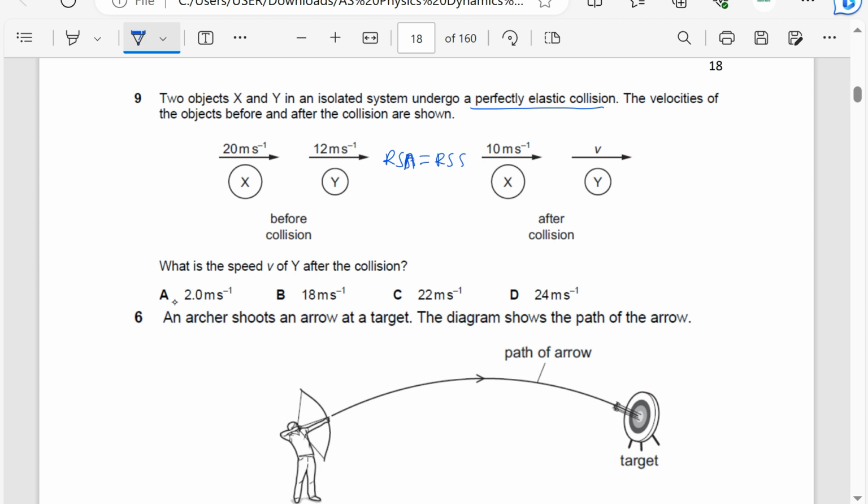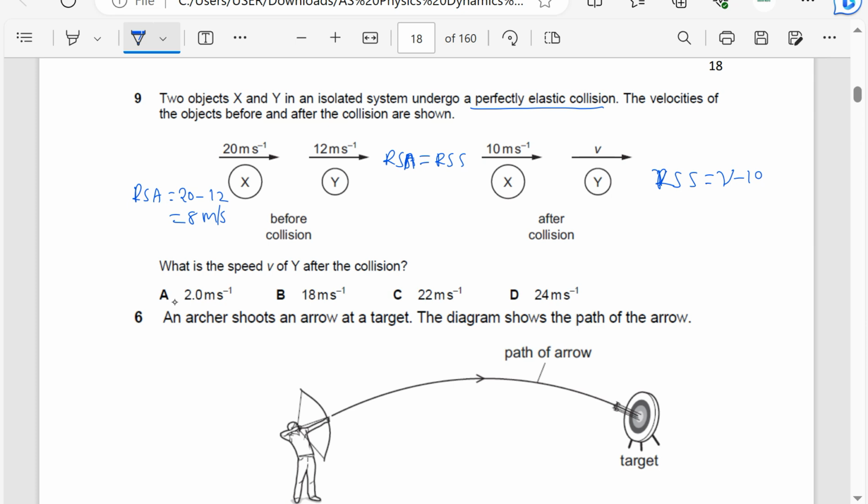So relative speed of approach, since they're in the same direction, is simply 20 minus 12, which is 8 meters per second. Then the relative speed of separation, since they are also in the same direction, should be v. Since Y is in front, v is greater than 10, so this should be v minus 10.